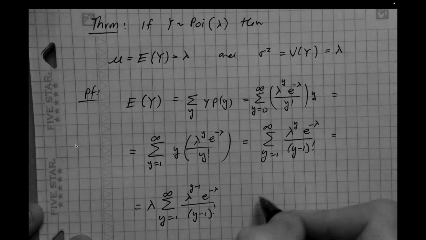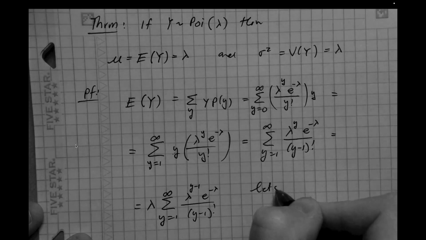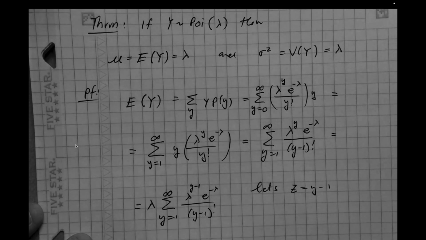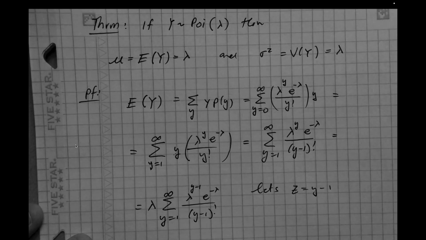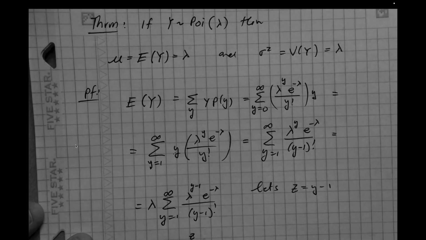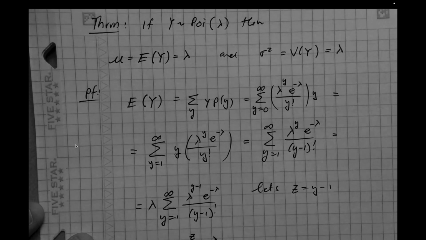Okay, and then let's just do a change of variable here. Let's let z equal y minus 1. Then what do I get? I get lambda times the sum from z equals 0 to infinity of lambda to the z times e to the negative lambda all over z factorial.